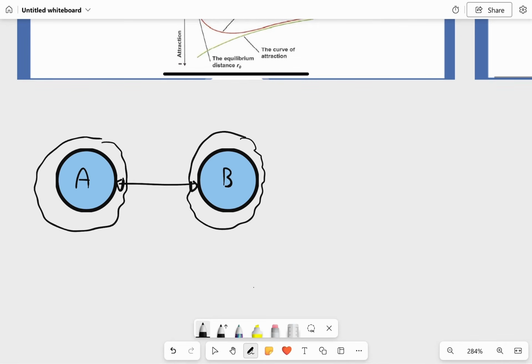If the distance between them, let's call it the limit, this is the limit that they should not be crossing. We call this R naught. R naught is the equilibrium distance. This is the distance the atoms cannot cross.